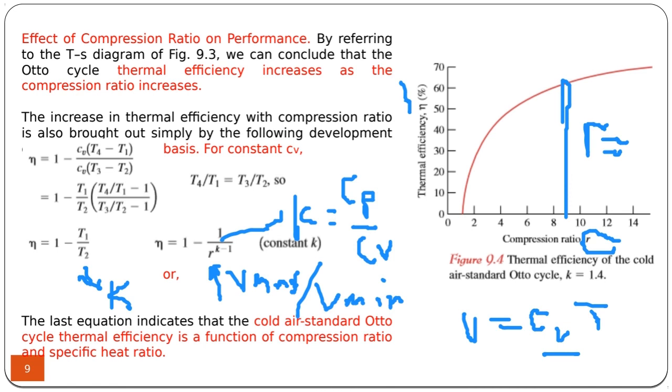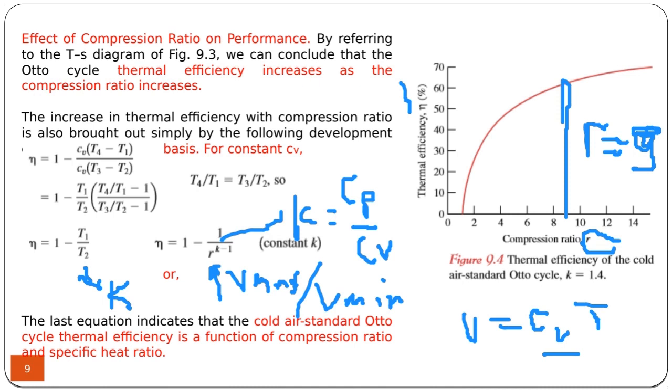So most of the time, gasoline engines will have a compression ratio of 9, limited by the requirement of the materials, as well as the knock phenomenon, which is auto ignition of the fuel due to the very high temperature at the end of the compression process.